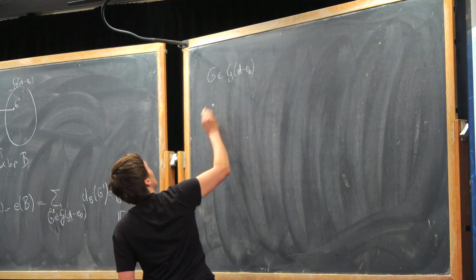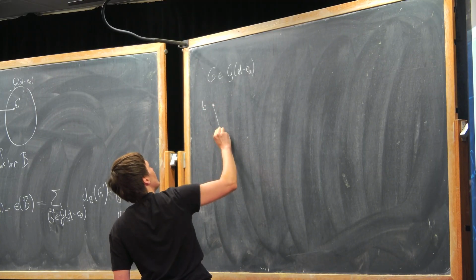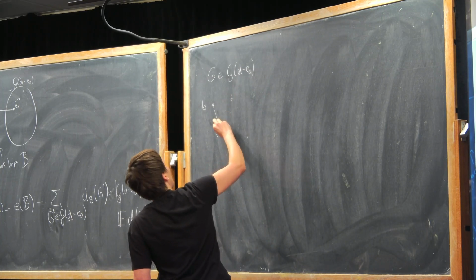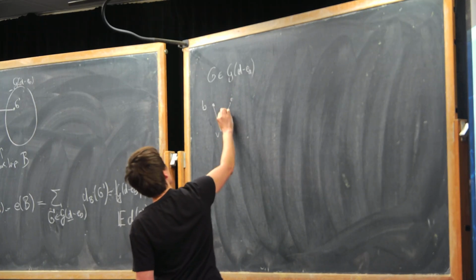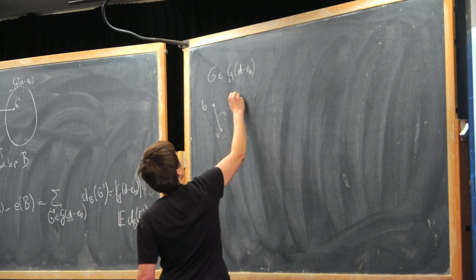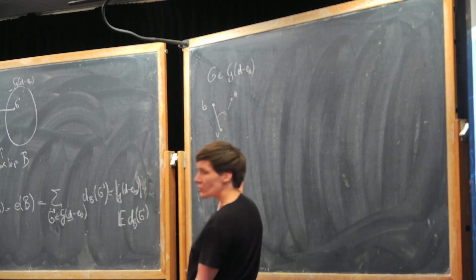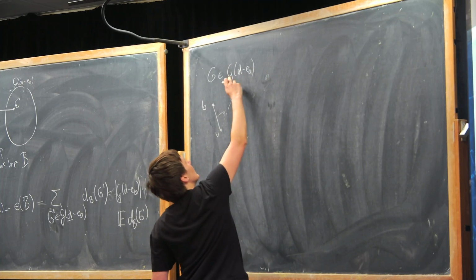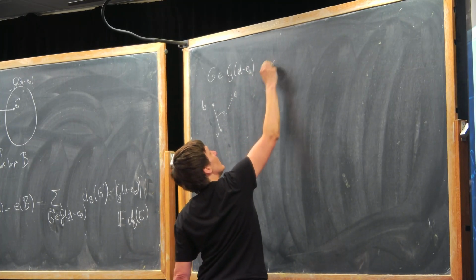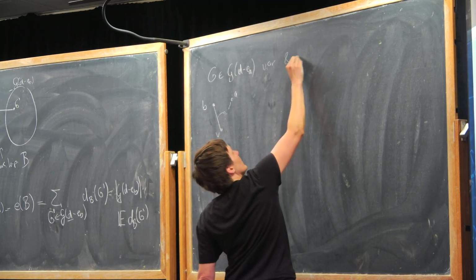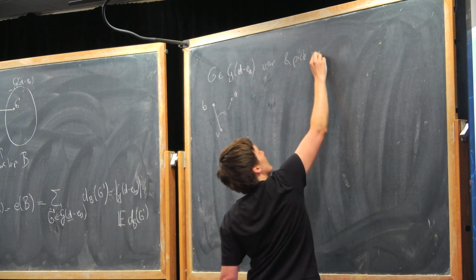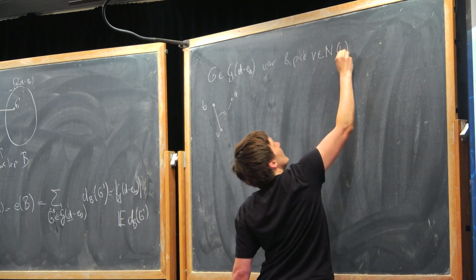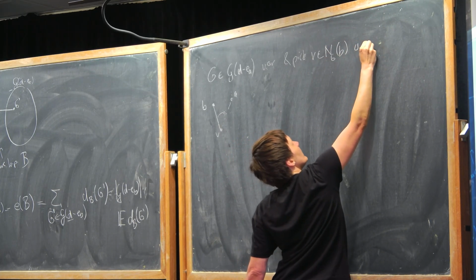And let's pick a random neighbor V of B. When can I move this over there? Well, I can move it over there almost all the time, but what are the bad events? So we pick G uniformly at random, and pick V, a neighbor of B in G, uniformly at random.